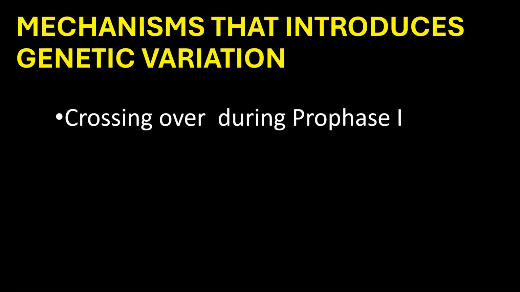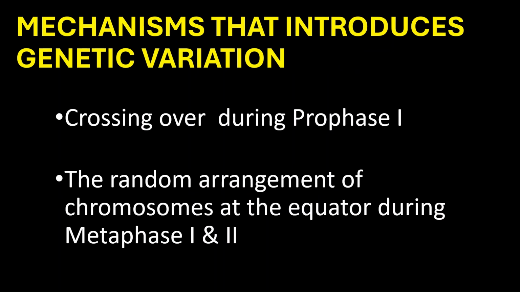One is crossing over during Prophase I, and the second one is the random arrangement of chromosomes at the equator during metaphase 1 and metaphase 2. These events bring about variation. The event of bringing in variation starts with Prophase I during crossing over, and it continues with metaphase 1 and 2.